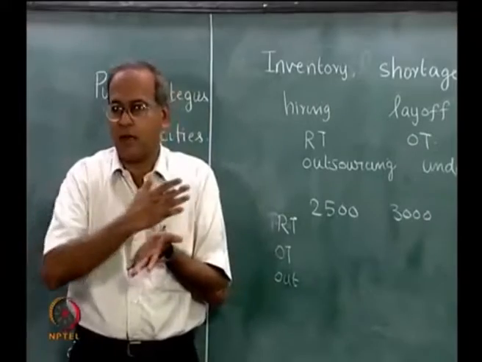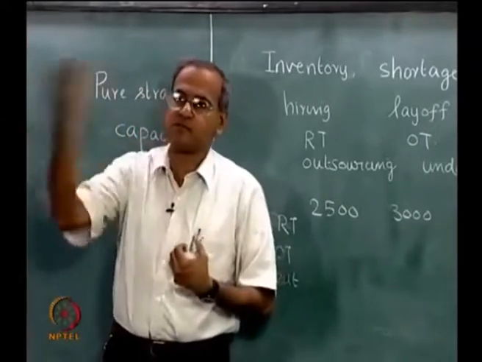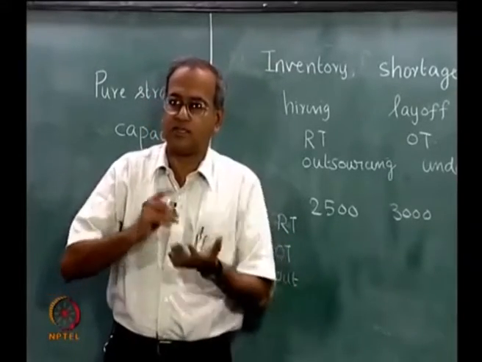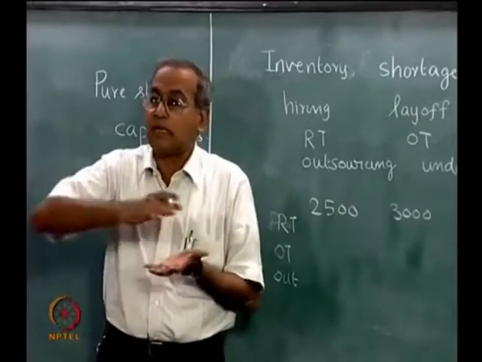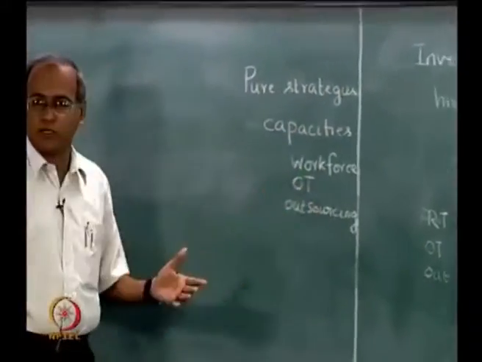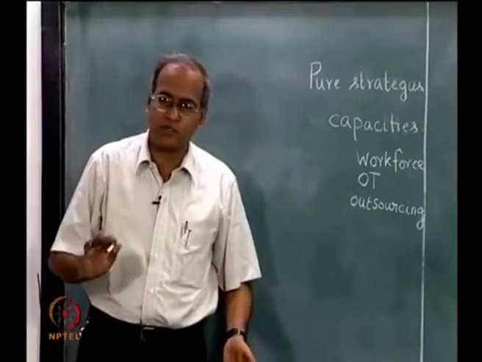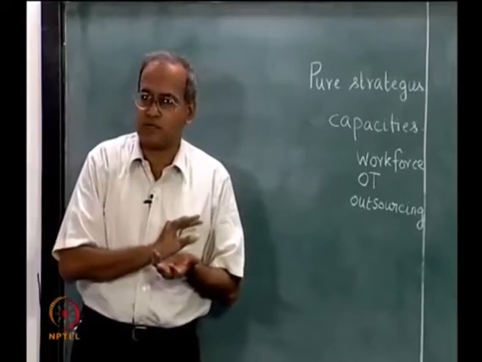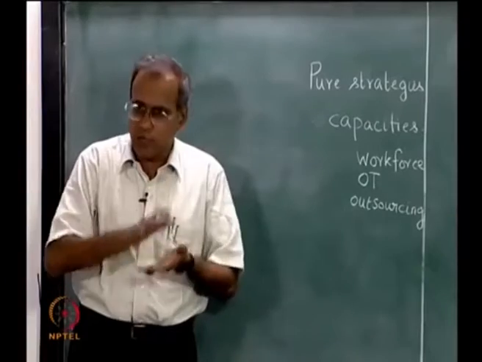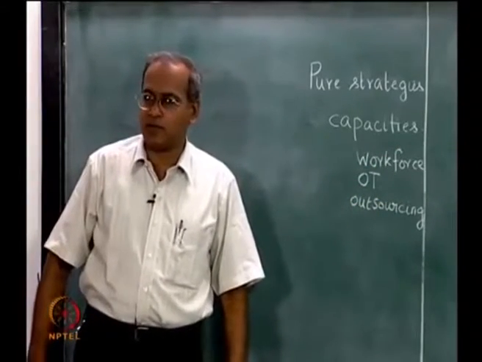Certain critical operations sometimes are outsourced, sometimes common operations are outsourced while the critical operations are done in house, so that certain capacity is saved by outsourcing this. So, outsourcing can happen in more than one way. Most of the time the entire product cannot be outsourced, only a certain part of it is outsourced. To that extent, that capacity can be saved and used under regular time capacity or under overtime capacity.